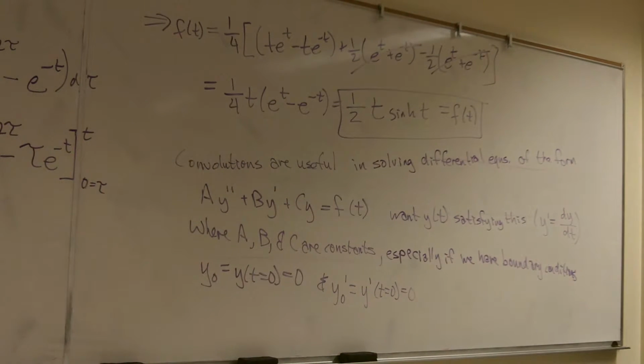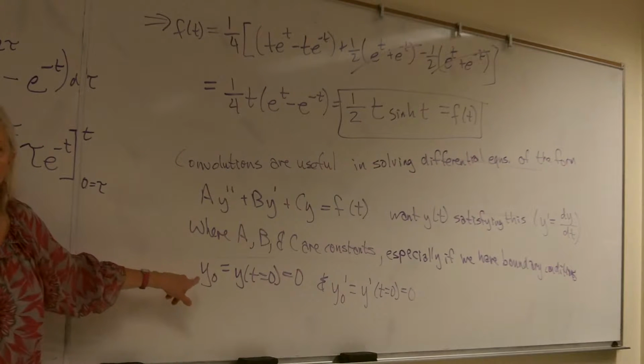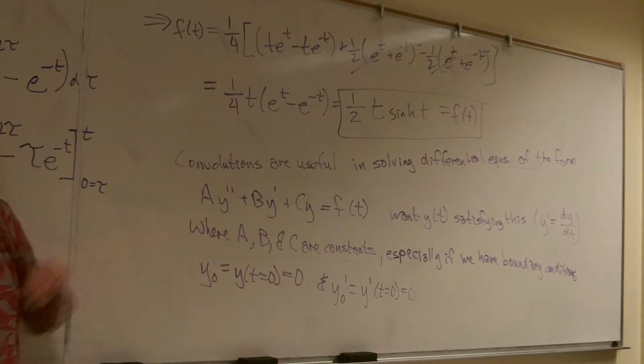Okay? A slight variation of the technique I'm about to show you could be used if you have other boundary conditions besides these. But these are the easiest ones to do. And so in the example I'll show you, that will be the case.